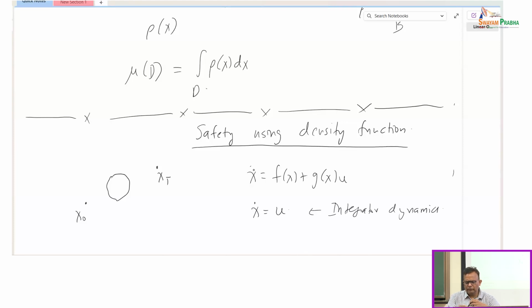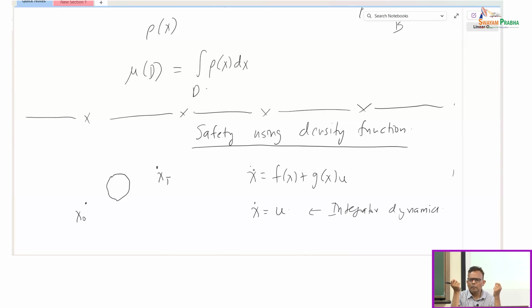What's the distinction between navigation functions and potential functions? Potential functions are functions like a Lyapunov function. You can think of them as generalizing the Lyapunov function in the presence of obstacles. What does the Lyapunov function look like? It has an energy-based interpretation. It is zero at the target set, and it goes to infinity as x approaches infinity.